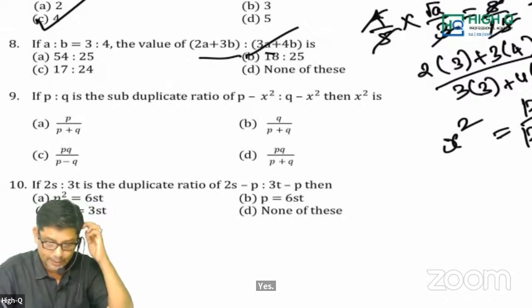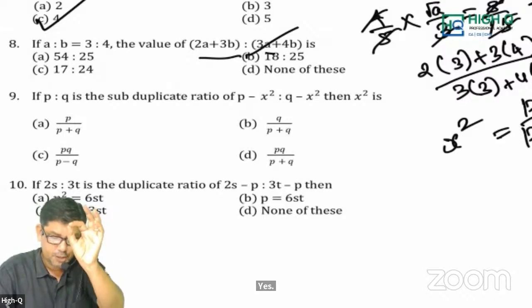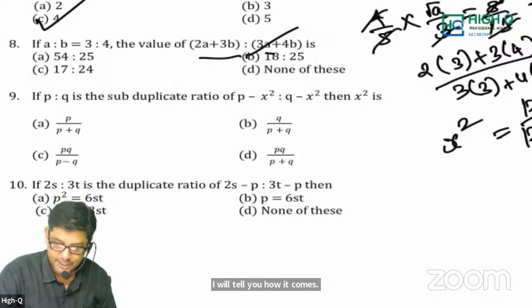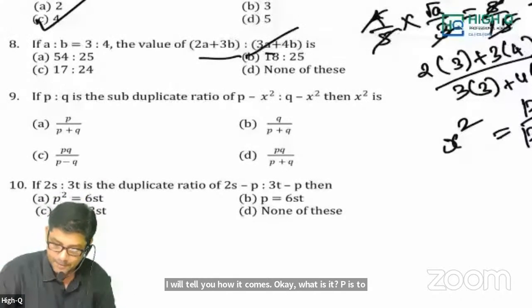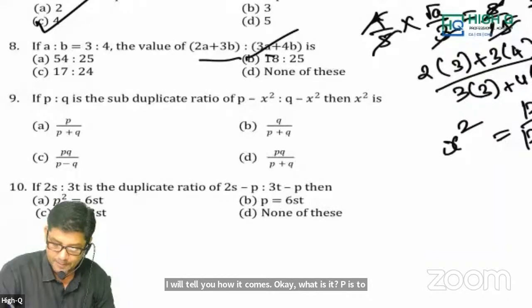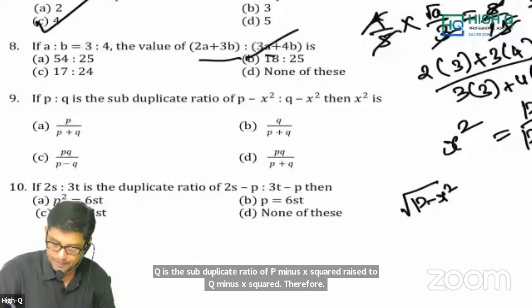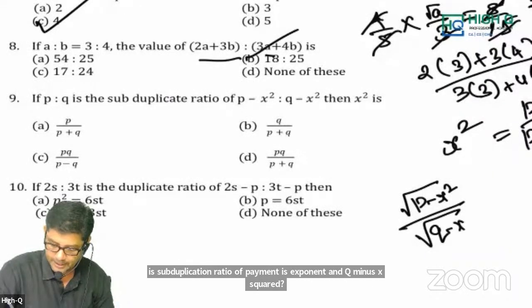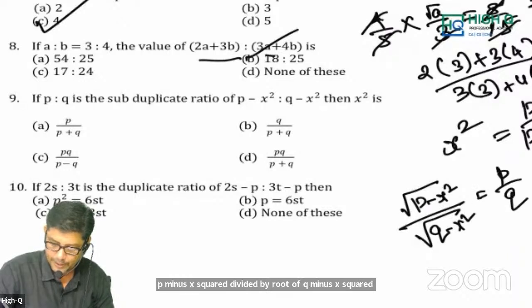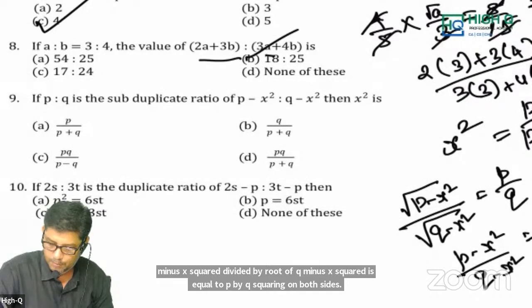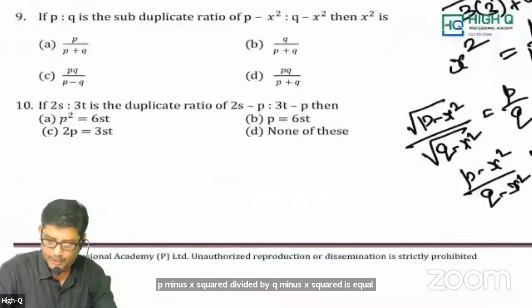I will tell you how it comes. P is to Q is the subduplicate ratio of P minus x square is to Q minus x square. Therefore, P is to Q equals the square root of P minus x square divided by Q minus x square. Squaring on both sides, P minus x square divided by Q minus x square is equal to P square by Q square. Now cross multiplication.